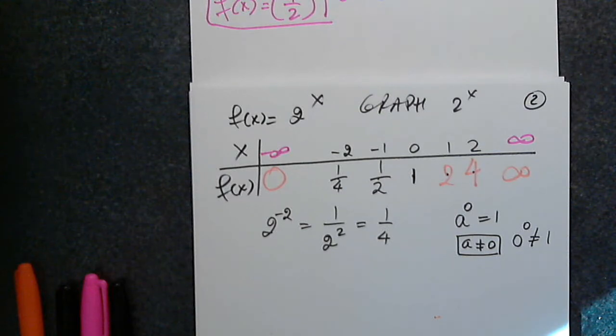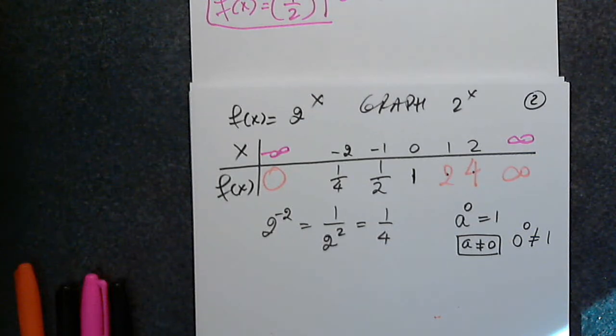What does that mean? Has a horizontal asymptote only at negative infinity, not on both sides.